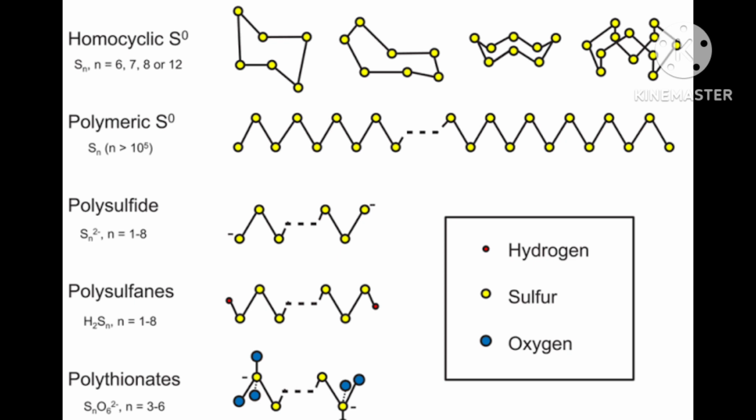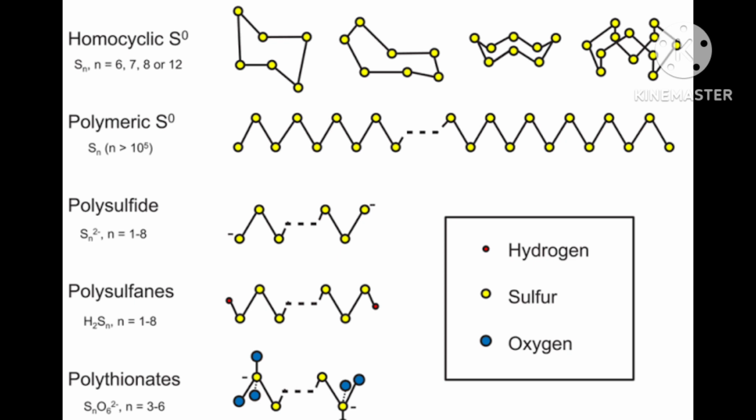Reducing agent means supplier of electron. For example, it converts iron third ions to iron second ions, and it decolorizes acidified potassium permanganate.